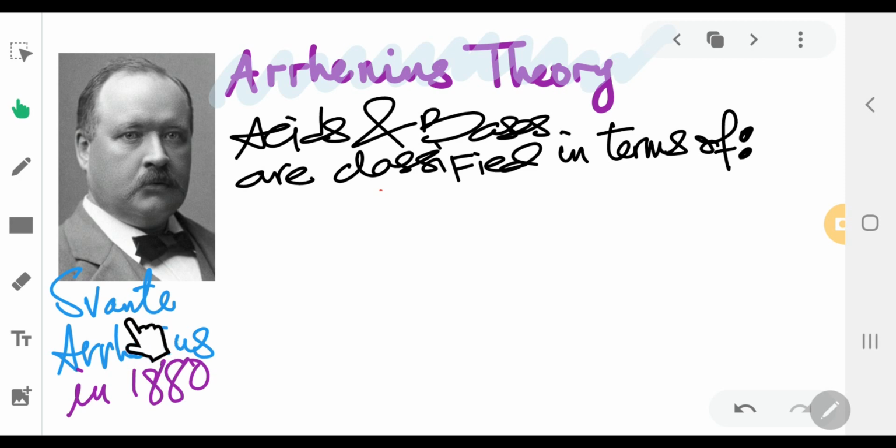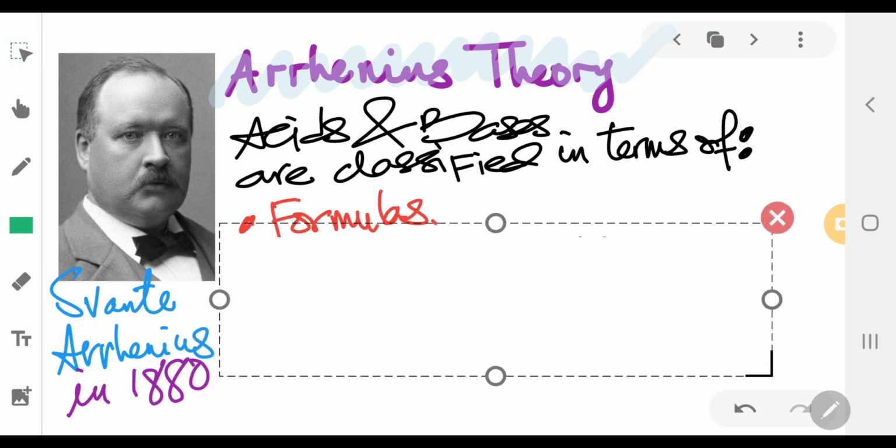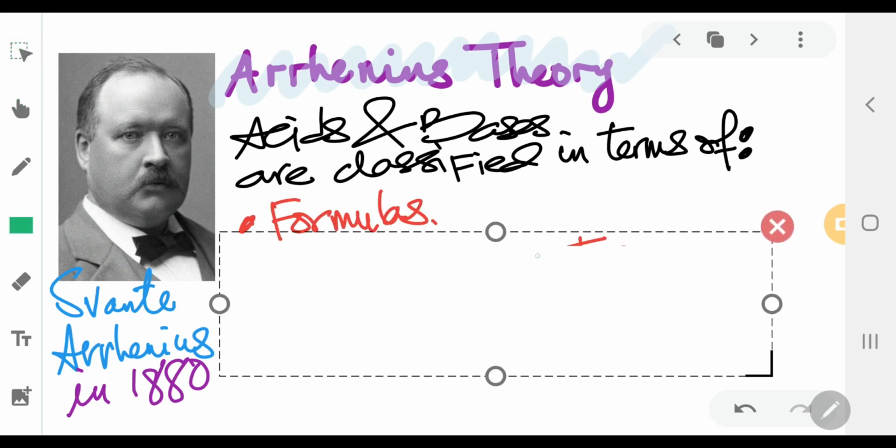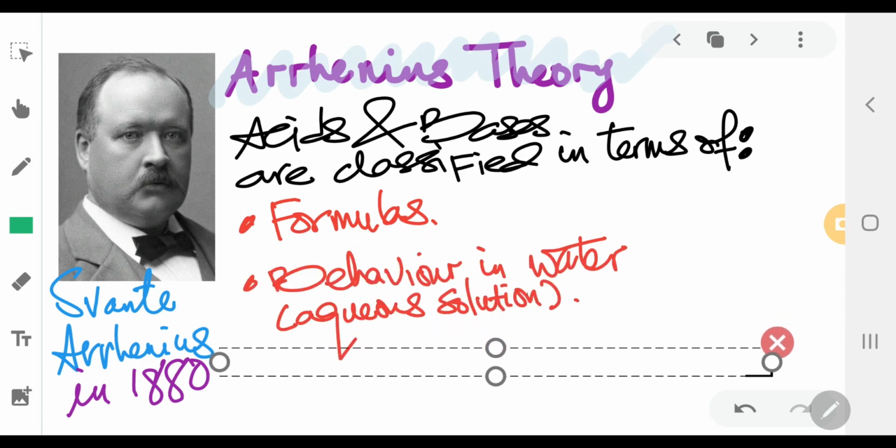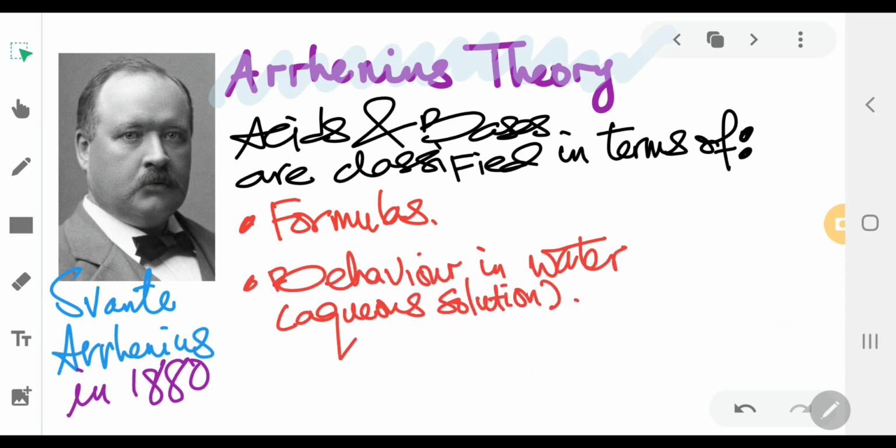So basically what Arrhenius is saying here is that acids and bases are classified in terms of formulas and behavior in aqueous solution.